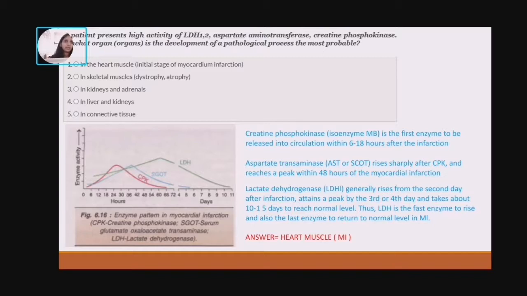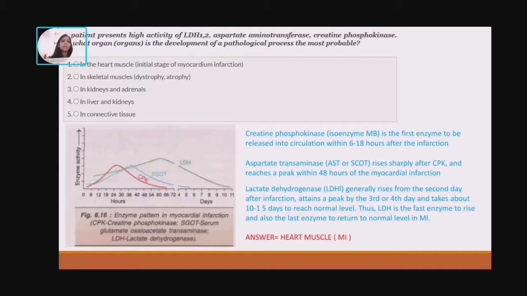It has only 3 isoforms, but LDH has 5 isoenzymes, right? Creatine phosphokinase is the first enzyme to be released into blood, then the second one is aspartate transaminase, and the last one is lactate dehydrogenase. This is the enzymatic pattern whenever myocardial infarction occurs.